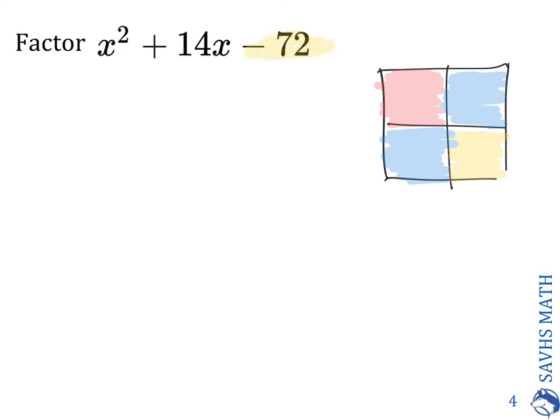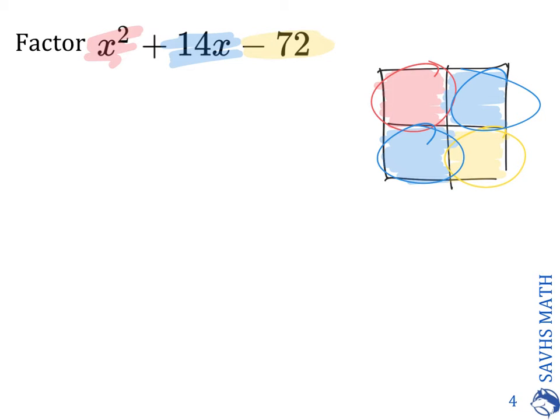This number has got to be related to this number. This stuff has got to be related to this stuff. And somehow between the two blue boxes, I have to be able to get 14x.